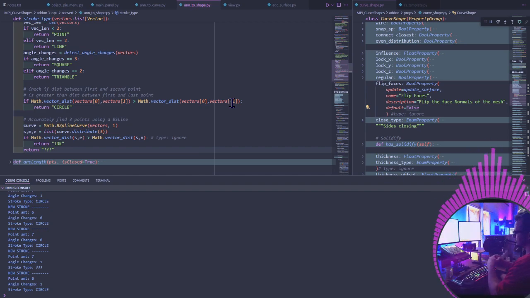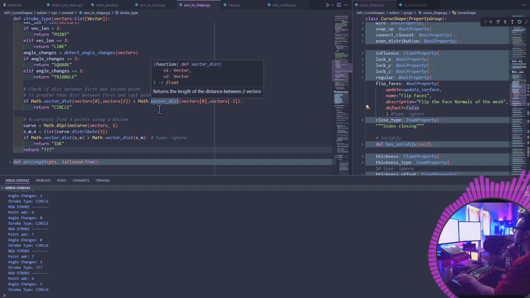0 and 1. That's greater than the first and the last one. It's not a circle. It's not a circle. So if this is true, it's not a circle.